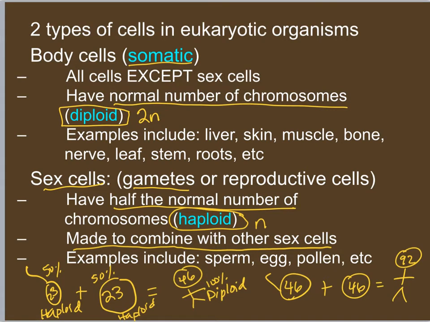Do not think of diploid as double. Diploid does have a 2, di does mean 2, but what diploid means is, looking at my chromosomes, I have 23 pairs of chromosomes. Let's look at chromosome pair number 12. I got one number 12 from my mom and one number 12 from my dad.